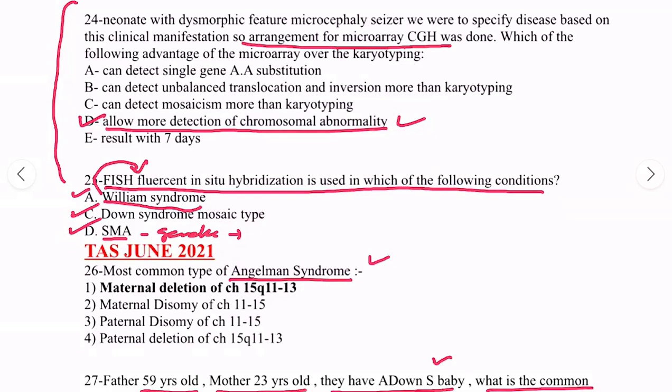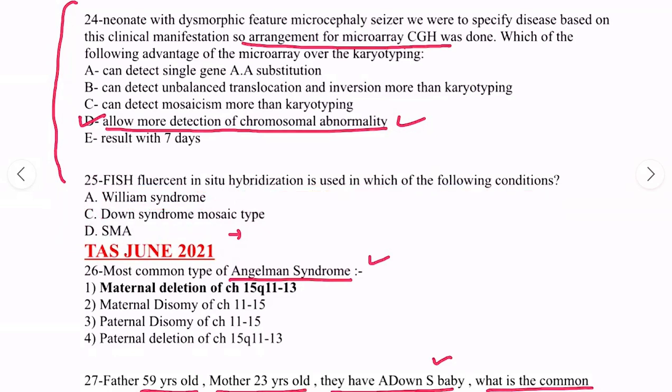A FISH question, see here now. They want to ask you, FISH is used for which one of the following? Is it used for Williams syndrome? We know the chromosome, it is chromosome number 7.